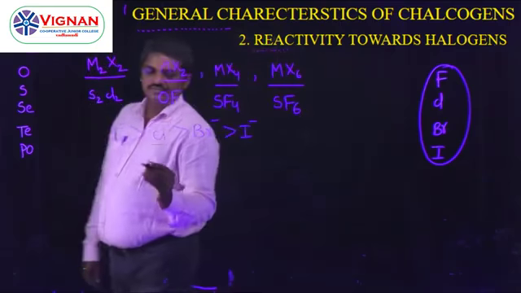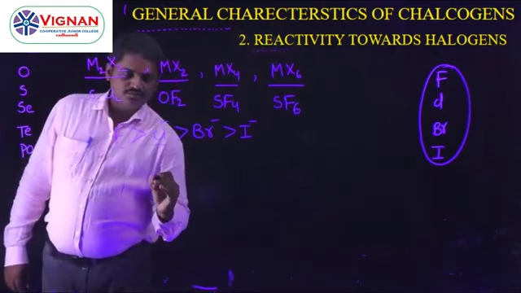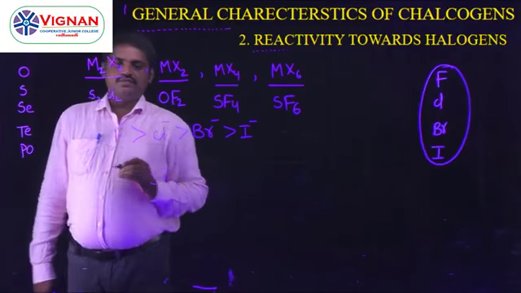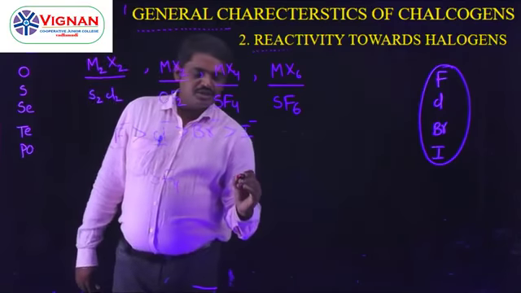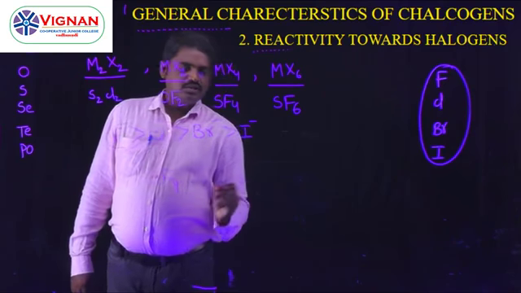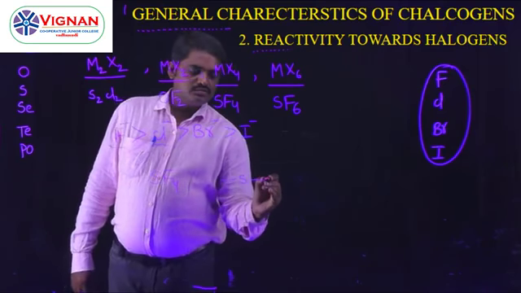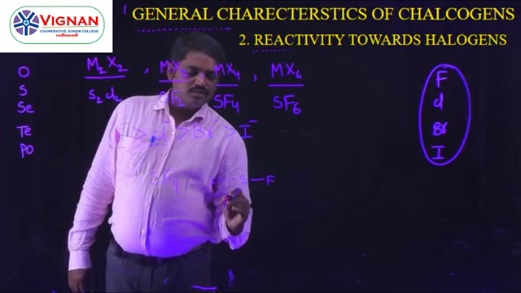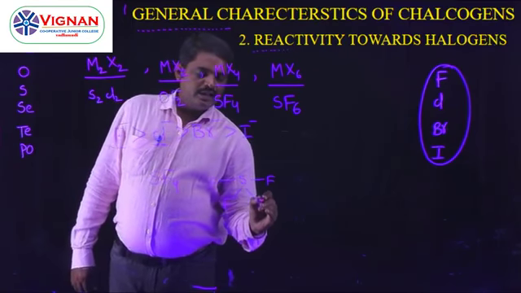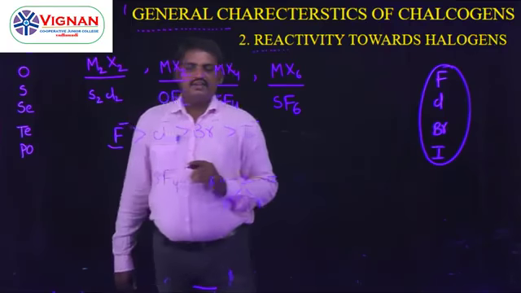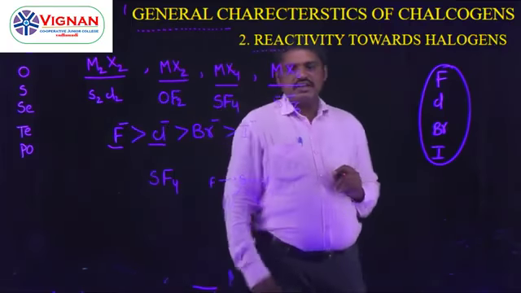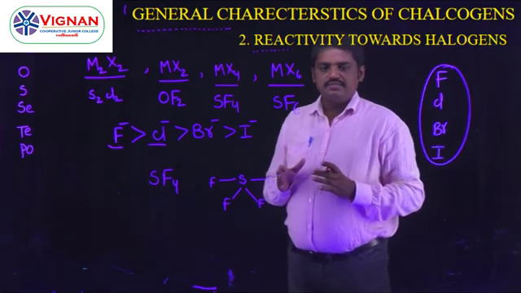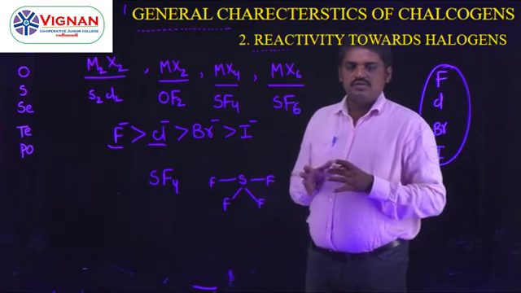First one, SF4. The structure is observed: sulfur binds with four fluorine bonds, and sulfur has 6 valency electrons because this atom belongs to 16th group elements.